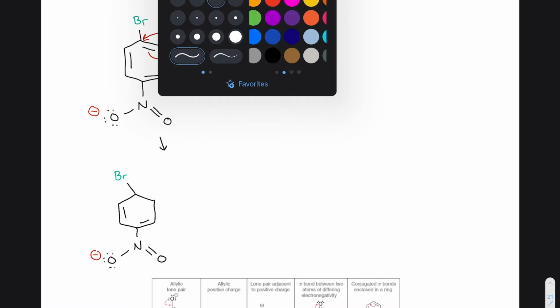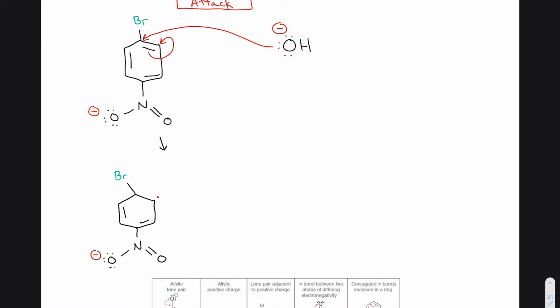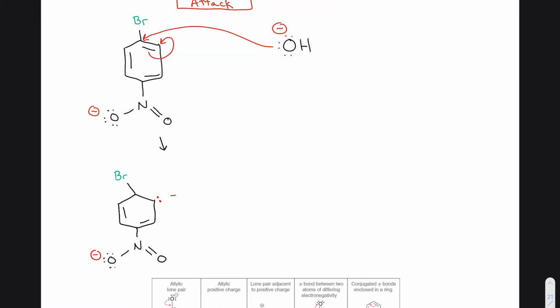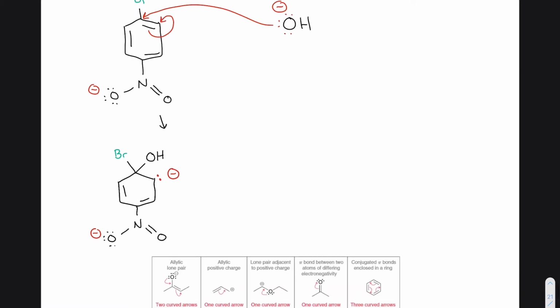We have a lone pair here now with a full negative charge. And we have our OH added onto this molecule. So our nucleophile has added, but it's created this instability. It's pushed electrons into the ring.